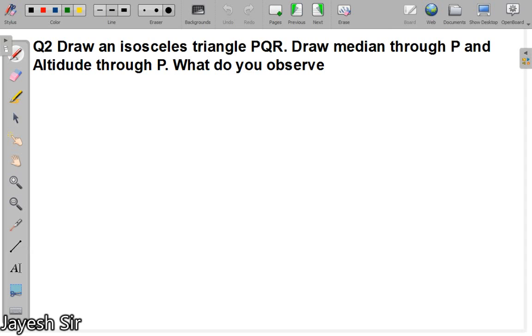Next question is, draw an isosceles triangle PQR, draw median through P. So first of all, this is a question for construction. You have to do some construction work here. So first of all, you will draw an isosceles triangle making two upper sides equal. Okay. So what we are going to do is we are going to draw two sides of equal length. How do we draw two sides of equal length?